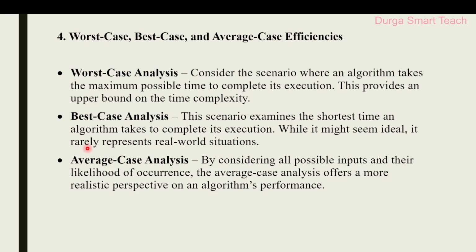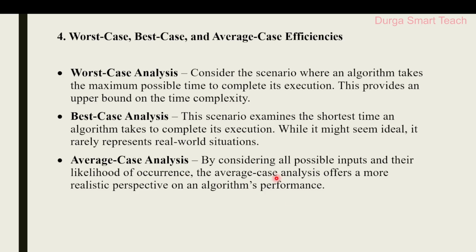By considering all possible inputs and their likelihood of occurrence, the average case analysis offers a more realistic perspective of an algorithm's performance. Most of the algorithms will be in average case analysis.